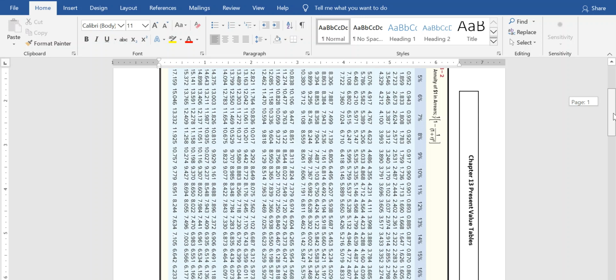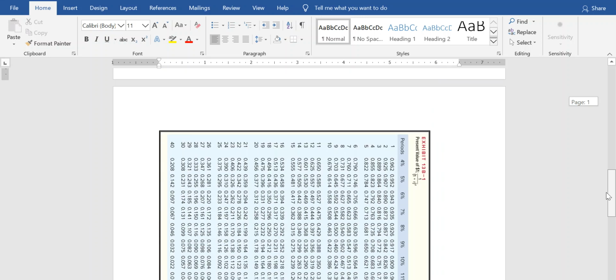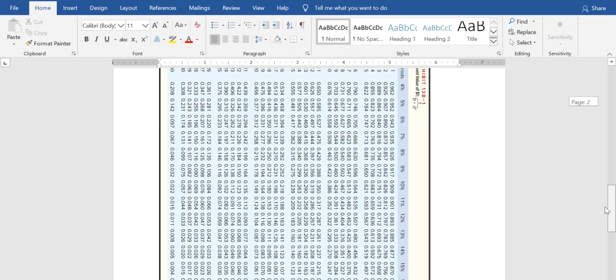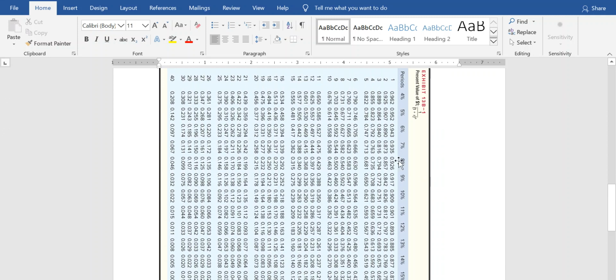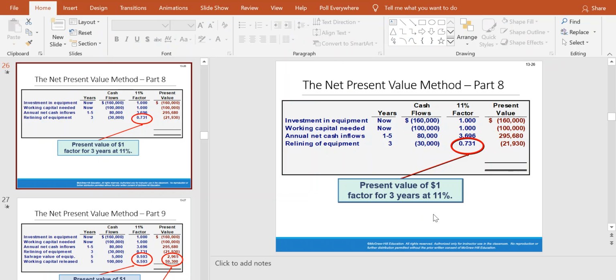To get the present value of $1, we need to use a different table. Here is the present value of $1. So we're going to once again go to the 11% and go out 3 years, and here's the factor, 0.731. So when we go back to the calculation here, that's where they get that value.